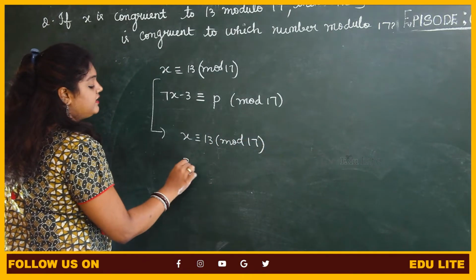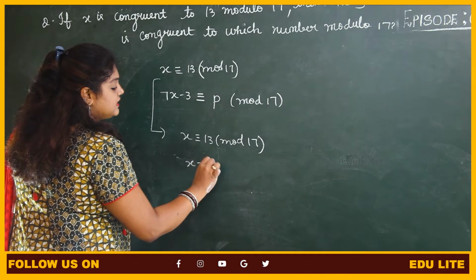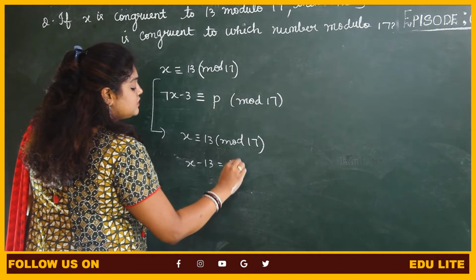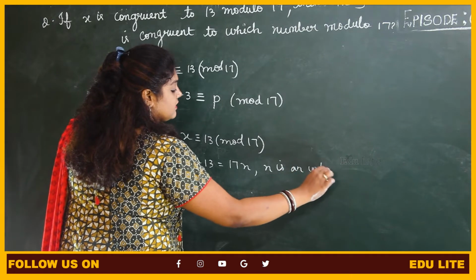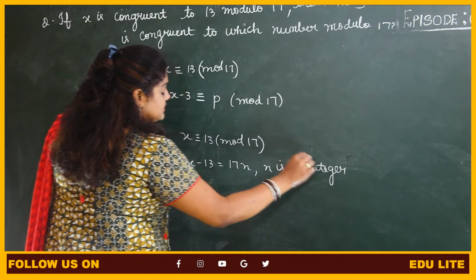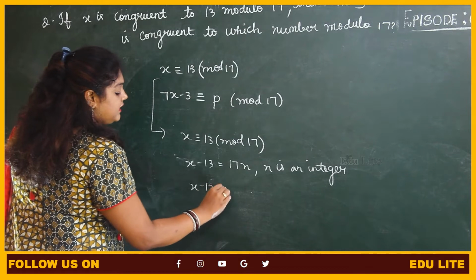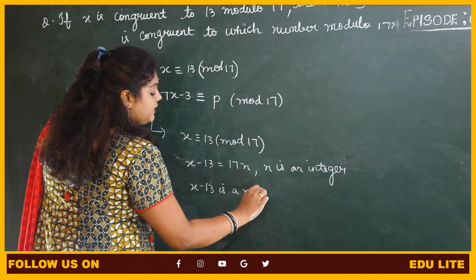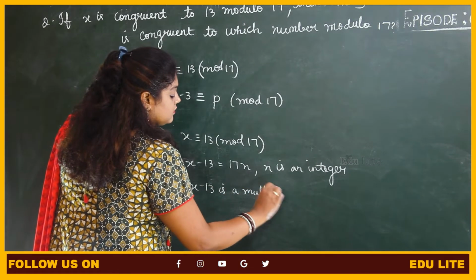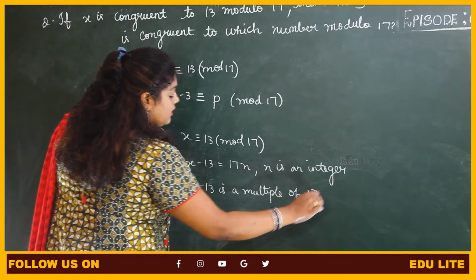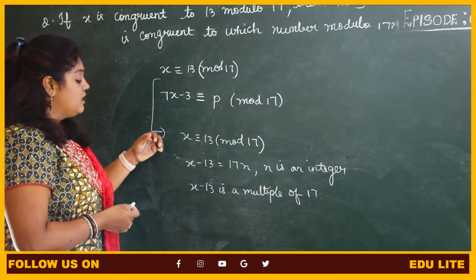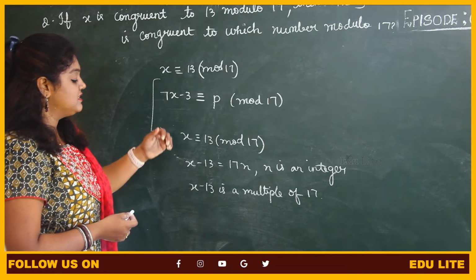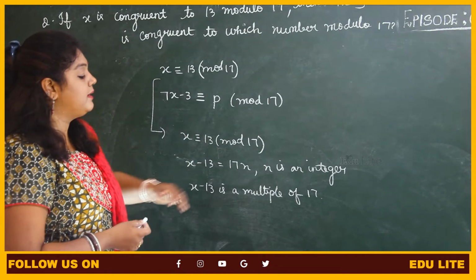Obviously, we can rewrite this as x minus 13 equals 17n, where n is an integer. So, what does this mean? x minus 13 is a multiple of 17. Now, we have to choose the value of x in such a way that when we subtract 13 from it, it should be a multiple of 17.